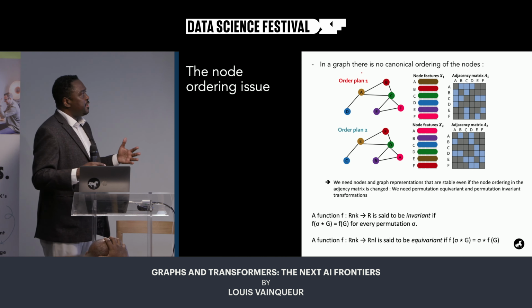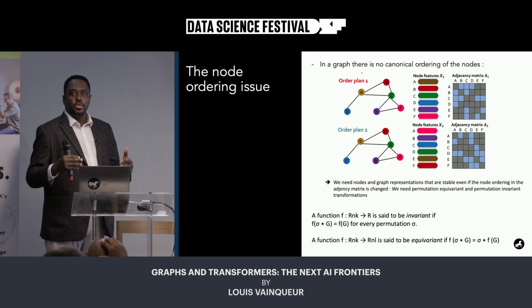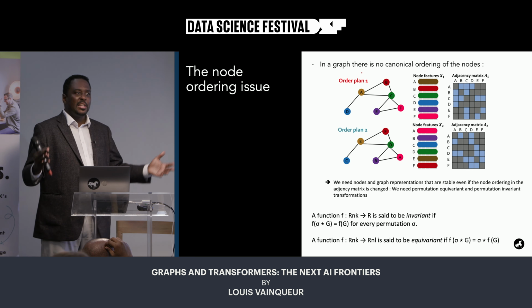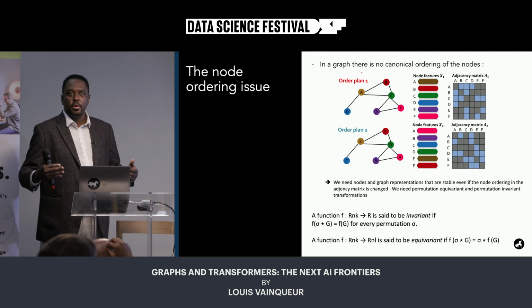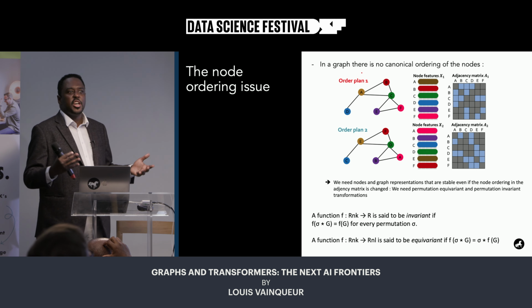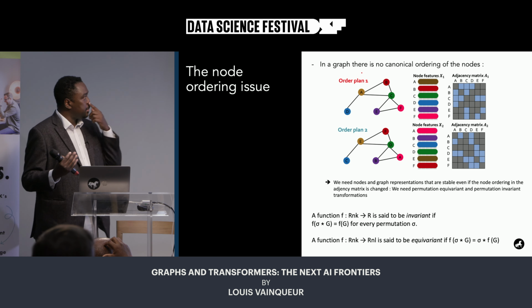The problem with graph is you have no canonical ordering of the nodes. So when you're creating a graph, generally you have to create a matrix, and with that matrix you will give order or a name to each node. But the structure itself doesn't change if you change the order of those nodes. But obviously the matrix is changing.